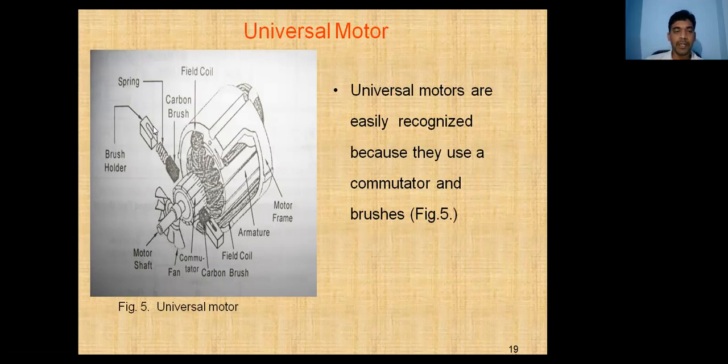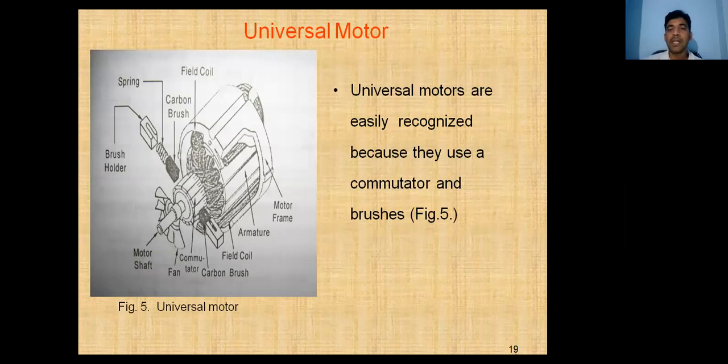These are the brush holders. This is the motor shaft. There is the cooling fan. This is the commutator. This is the carbon brush. These are the field coils. This is the motor frame.